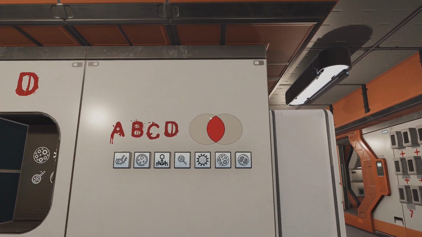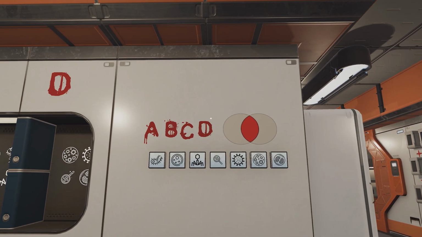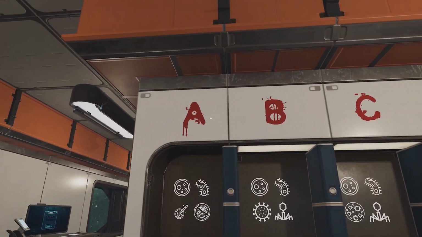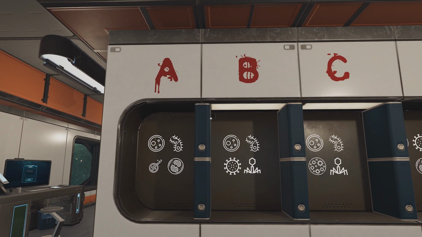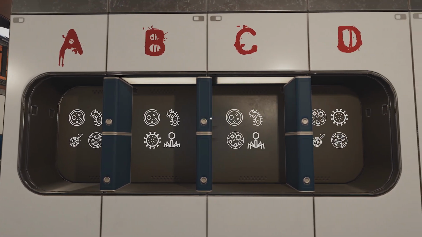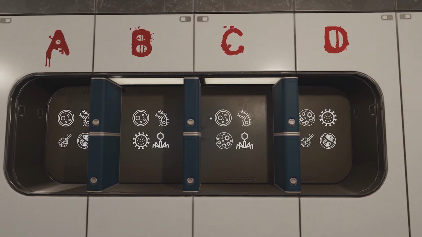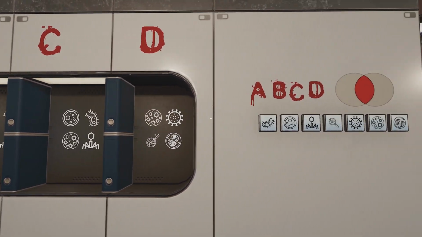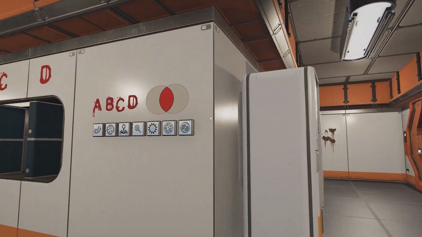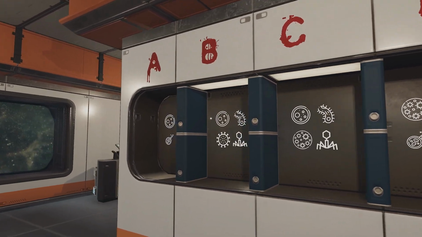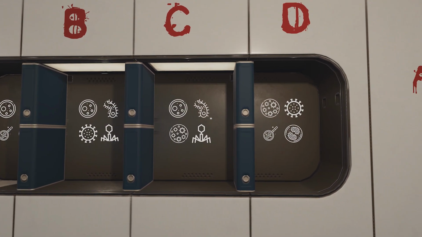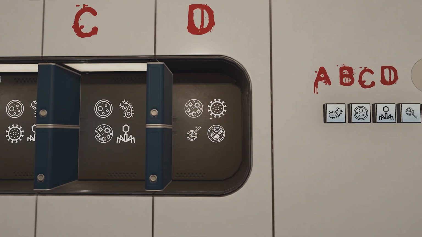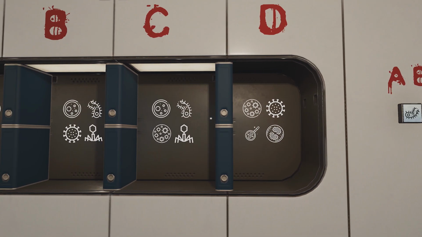My only thought with the Venn diagram being drawn there is that I would need to take something from A and something from B that's the same, and that would be my first digit, and then something that's the same in B and C, and then something that's the same in C and D. But there are multiple things the same between A and B, B and C. Now C and D only have the one symbol that's the same.